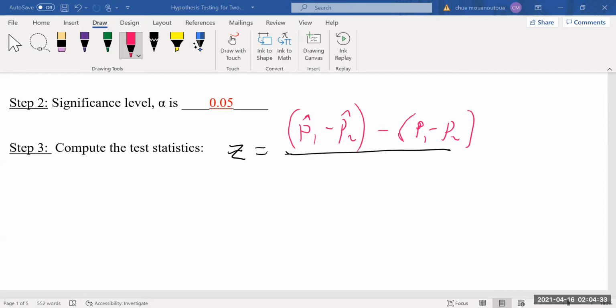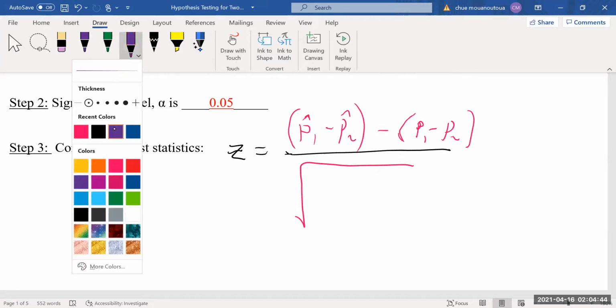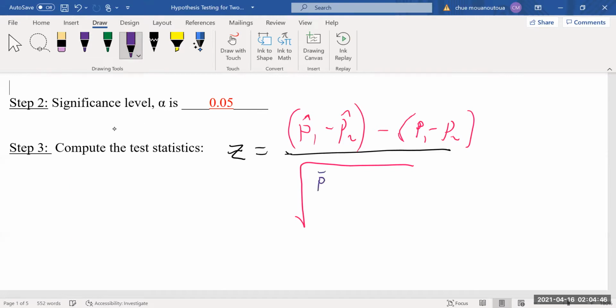So we'll do the square root of P bar Q bar over N1 plus P bar Q bar again over N2.